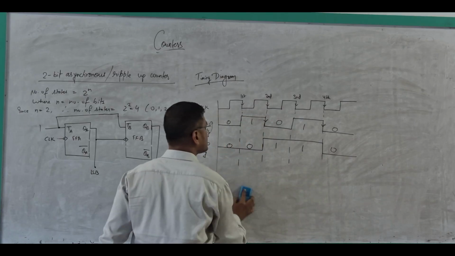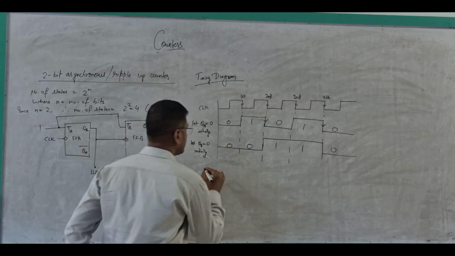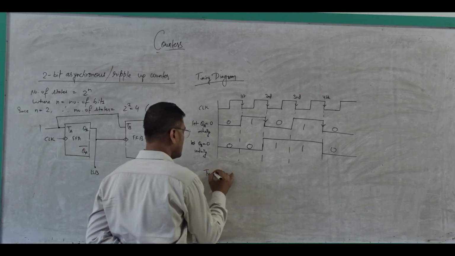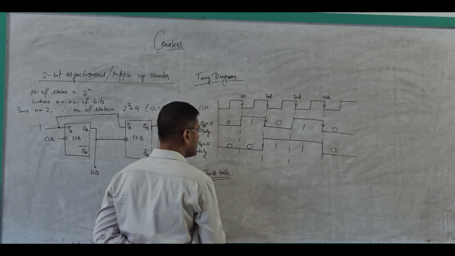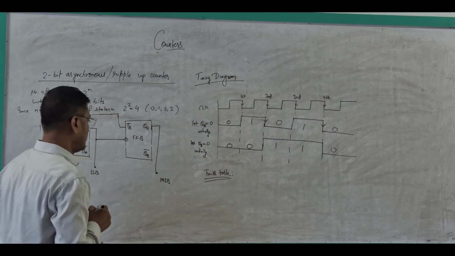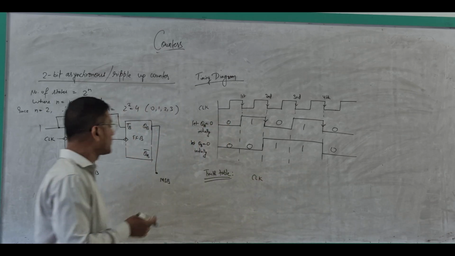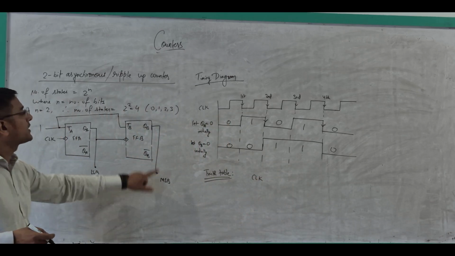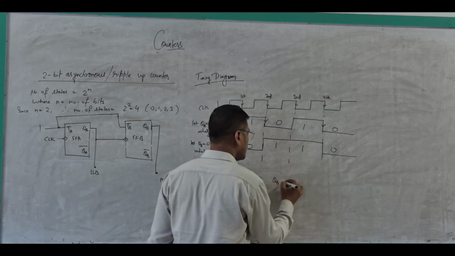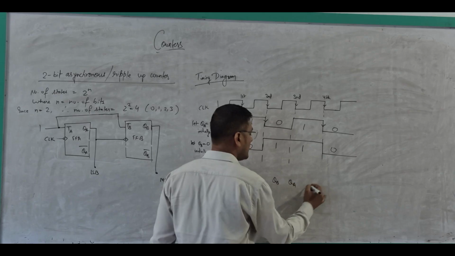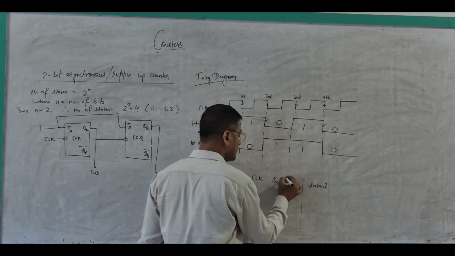We'll write the truth table for this. First we'll write clock, then QB, then QA, and then we'll write the decimal equivalent value.